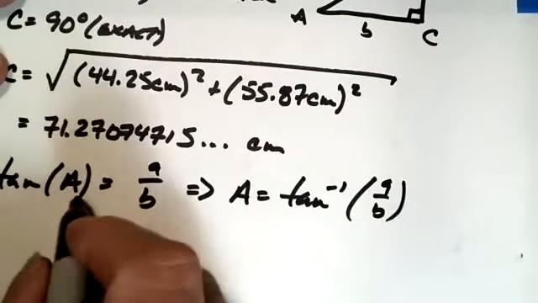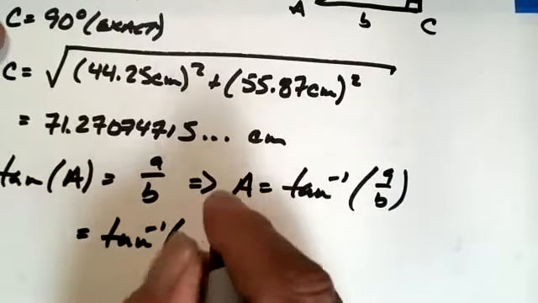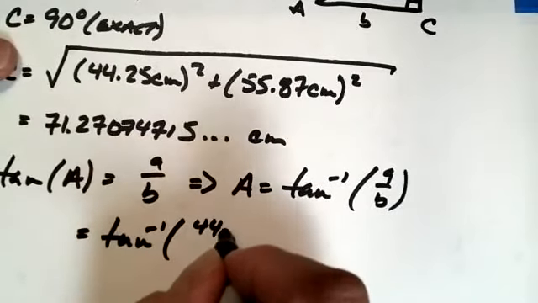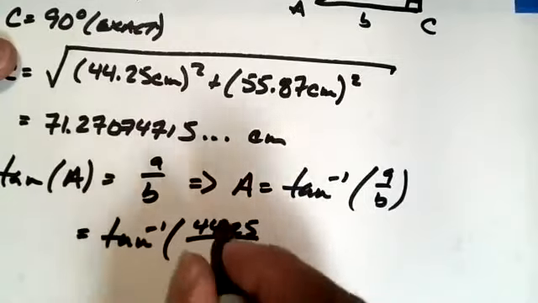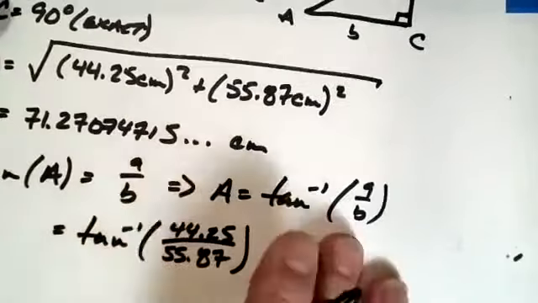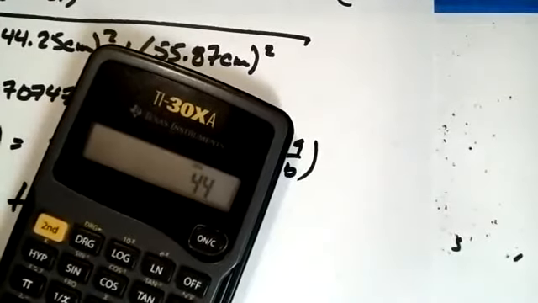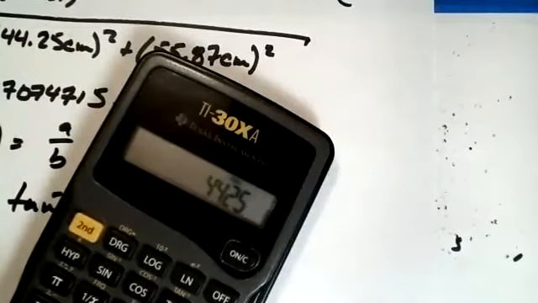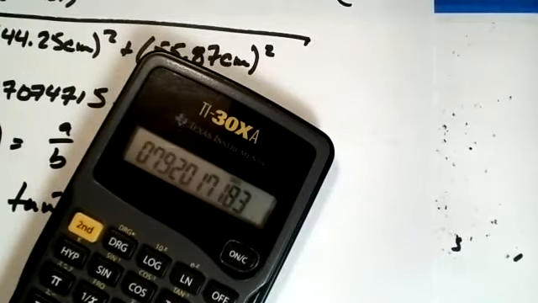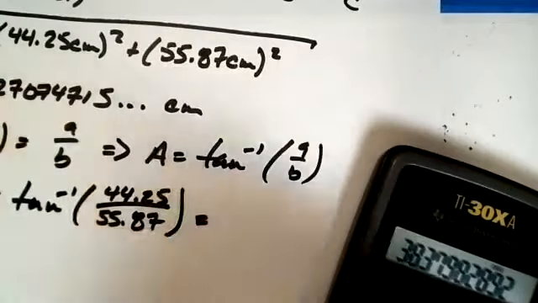So plugging in the values, a is 44.25 and b is 55.87, which gives us 44.25 divided by 55.87. Take the inverse tangent, gives us 38.